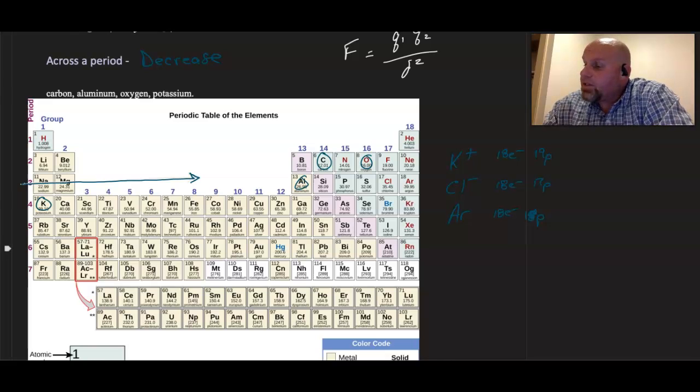We talked a second ago, now it's going to depend on the number of protons. So thinking about which of these three would have the greatest effect on pulling those 18 electrons closer to the nucleus, hopefully you could identify that the potassium cation with 19 protons is going to pull those 18 electrons closer to the nucleus than the chlorine anion with only 17 protons, or even the argon atom with only 18 protons.